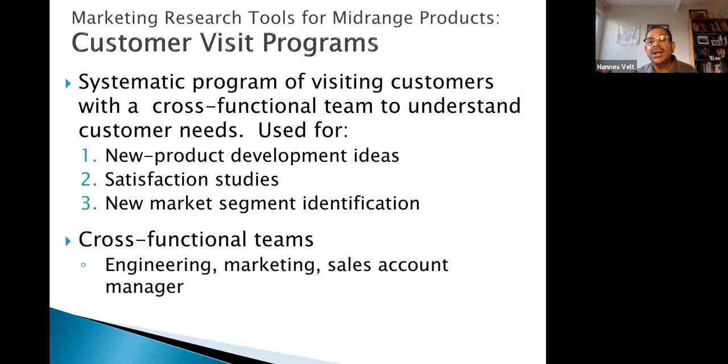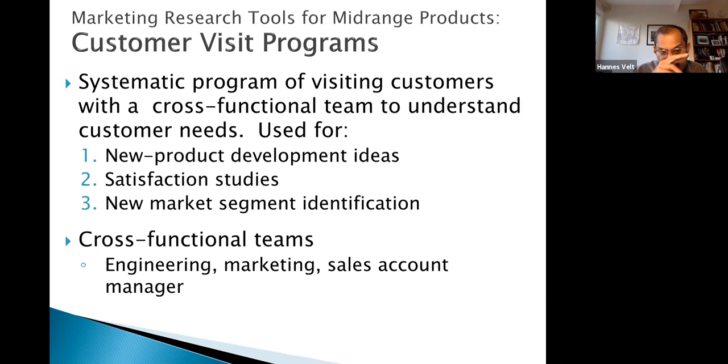Why? Because there has to be a cross-functional team that travels to the customer and does the observation. So it requires investment in travel. Also, if they're leaving their day-to-day jobs to do this customer visit, then somebody else back in the office has to cover their work. So you might have to have additional headcount in order to fund this program.